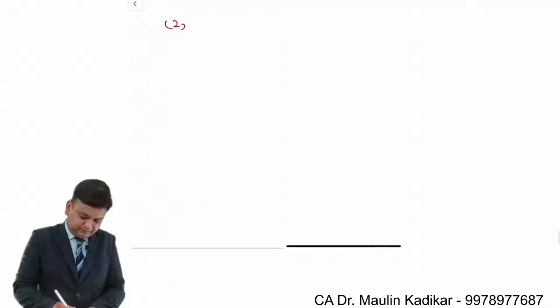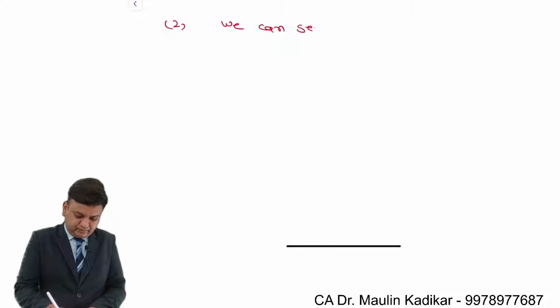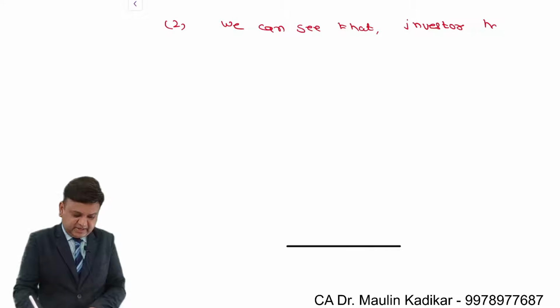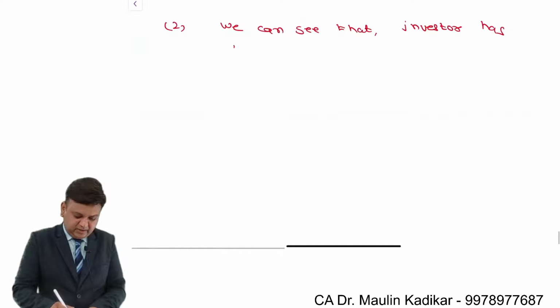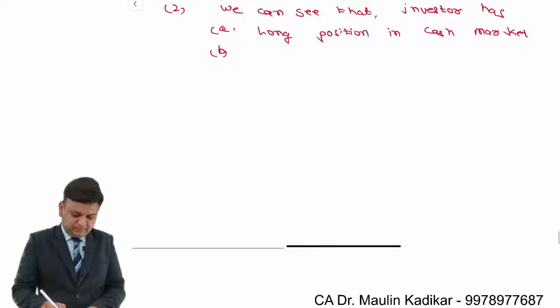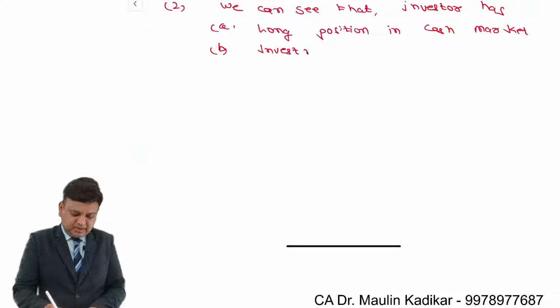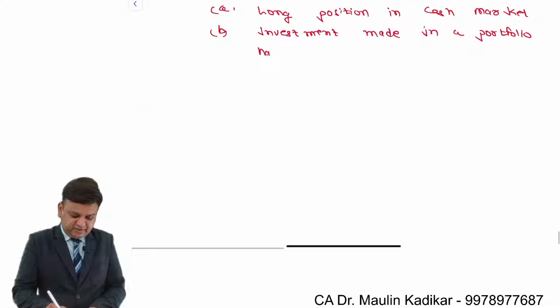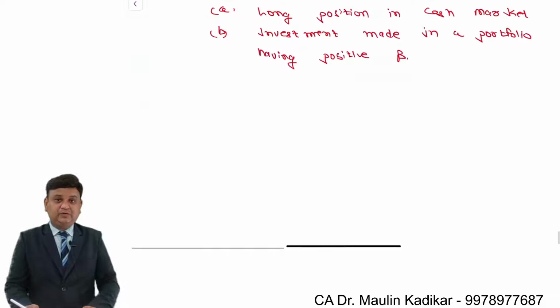In that write down, we can see that, comma, investor has a long position in cash market, B, investment made in a portfolio having positive beta, full stop.